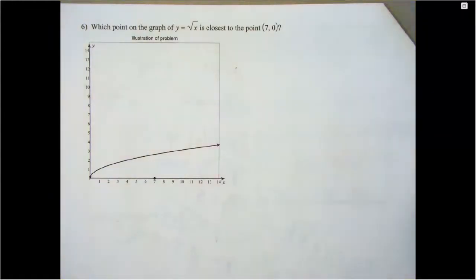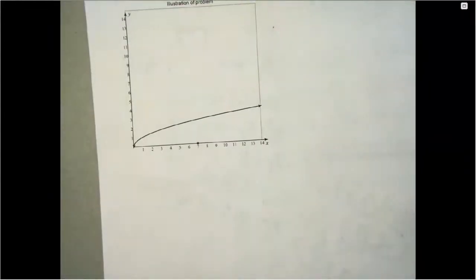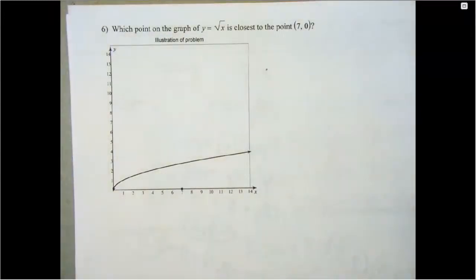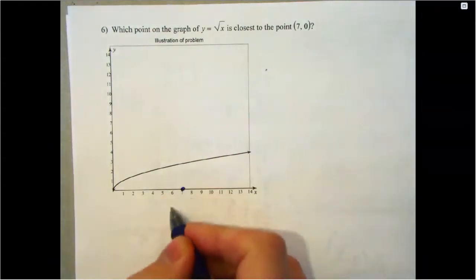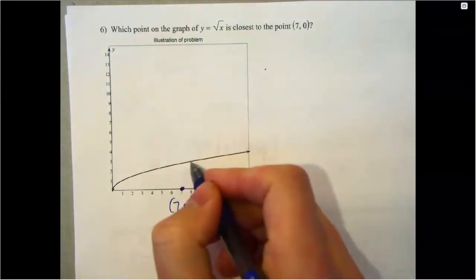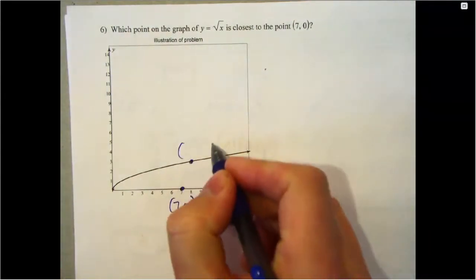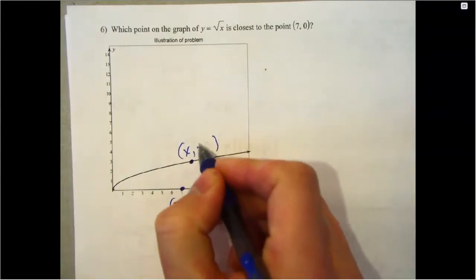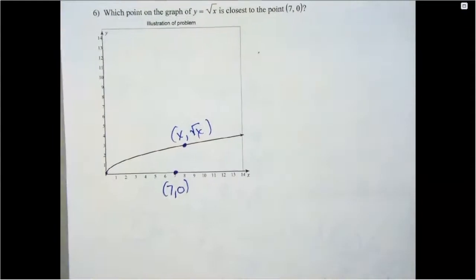Okay. Which point on the graph? They give you a graph, but you don't really need it. Which is closest to the point 7, 0. So this is 7, 0. We'll make use of the graph here. Every single point on this graph has the coordinate x, square root of x.